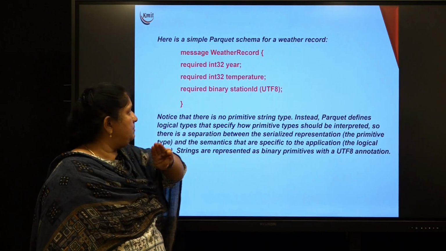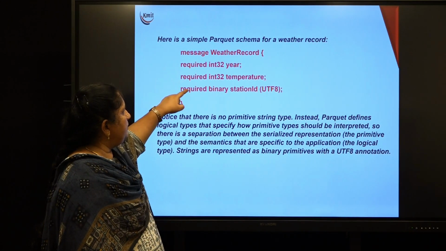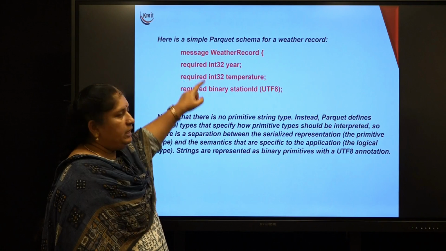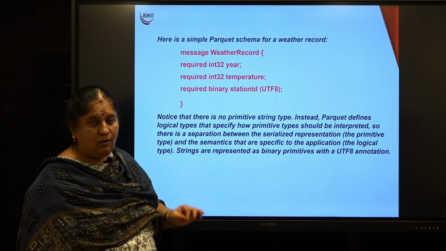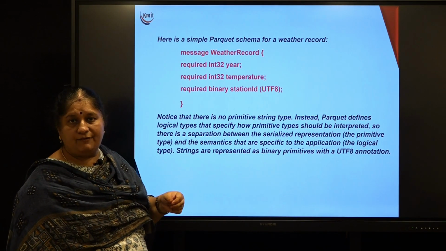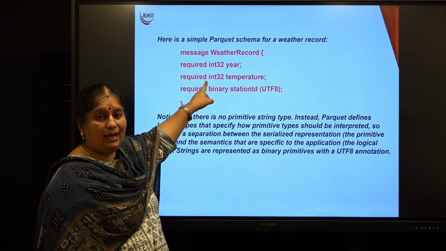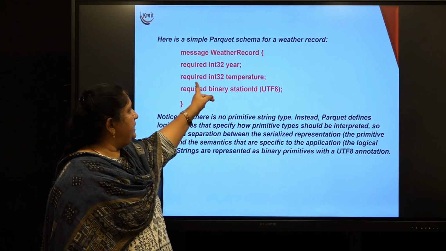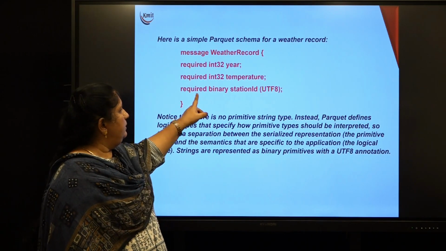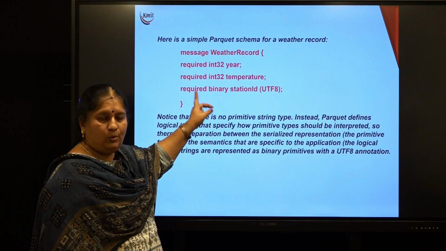These are the three attributes. What did we write before that? Do I need to mention the year mandatorily or can I leave it? Can it be a missing value? What is this? Required. You cannot leave it empty. Similarly, temperature, required. Station ID, required.